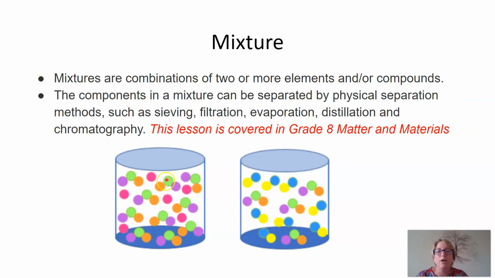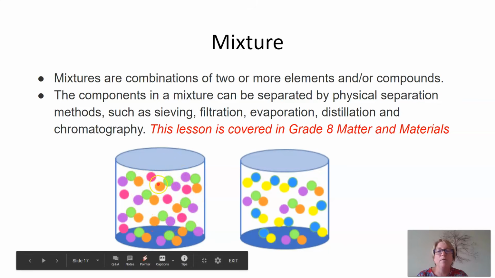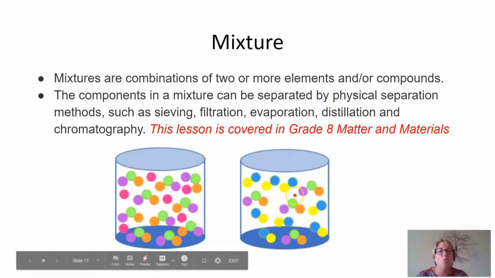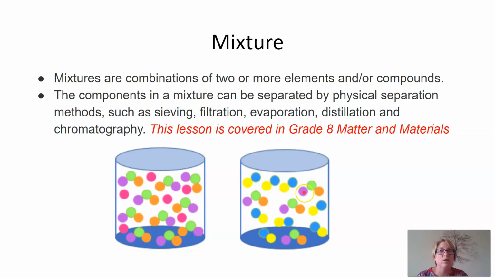And here we have another compound of purple, green, and orange. So in this diagram here, we have a mixture, and it's made up of pink elements and a compound of purple, green, and orange. In this container here, we have two compounds. We have one compound that's yellow and blue, and we have another compound that is purple, green, and orange.